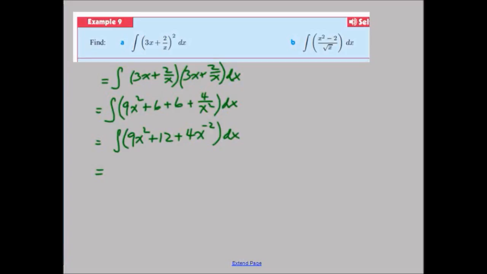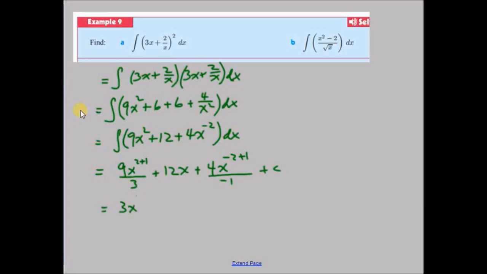Now we just follow our rules: add 1 to the exponent, divide by that bigger exponent. So this exponent, add 1, and then divide by that bigger number. 12, this becomes x. 4, add 1, divide by that bigger number, which is -1, and then plus c.